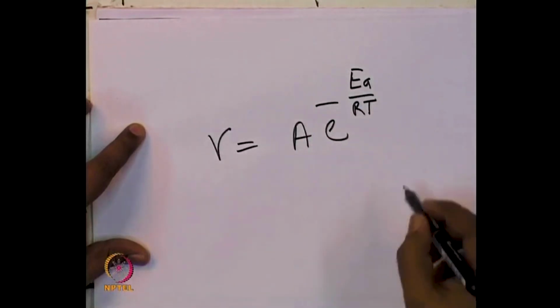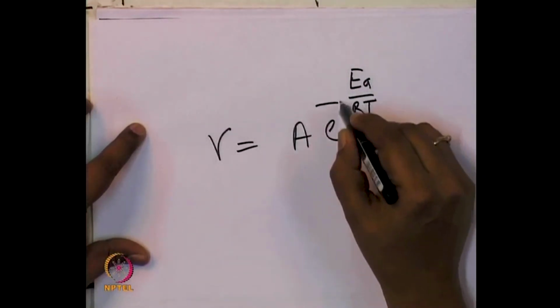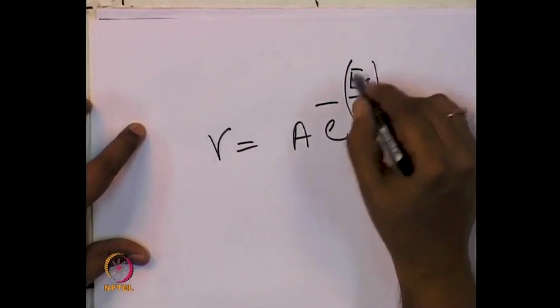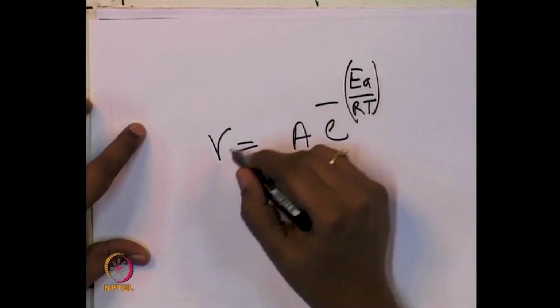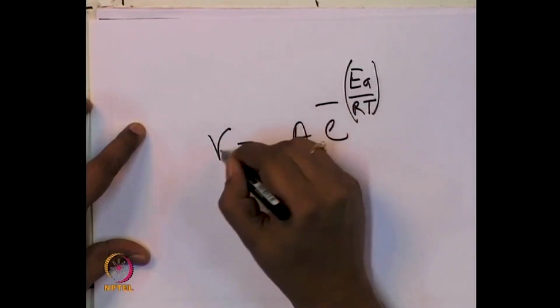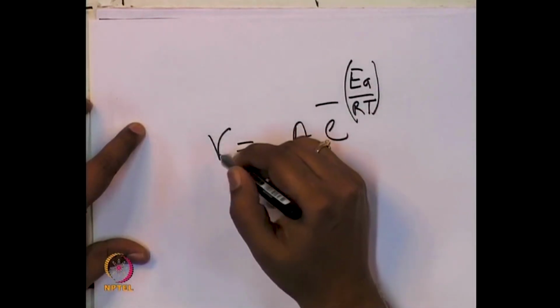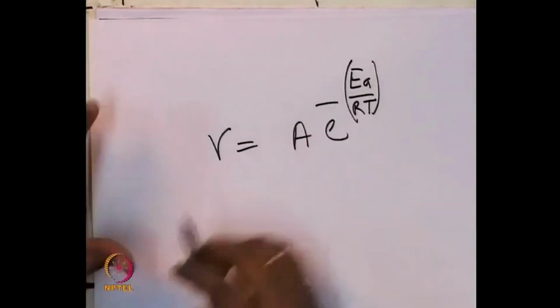So the rate of a reaction decreases with this factor. Whenever the thing in the bracket increases, the rate of reaction decreases. The higher the activation energy, the lower the rate of the reaction is. So this is an exponentially decreasing function, e power minus of something.